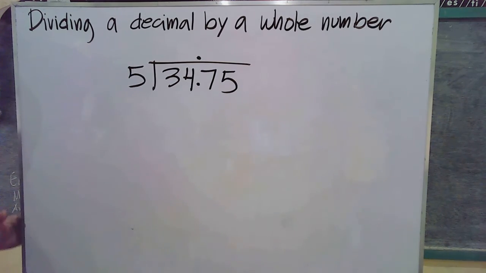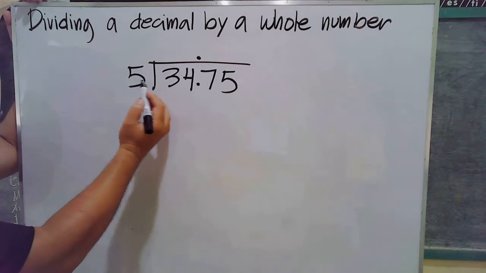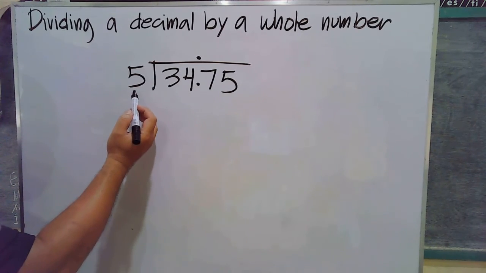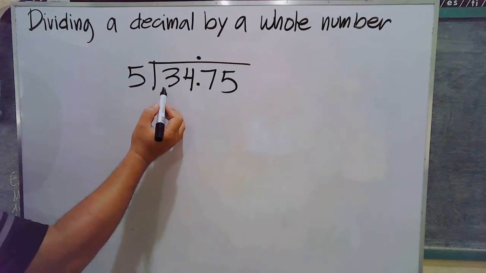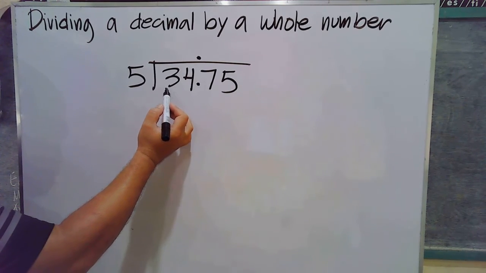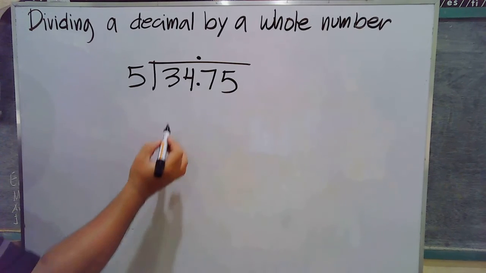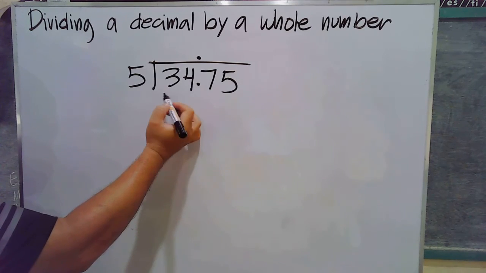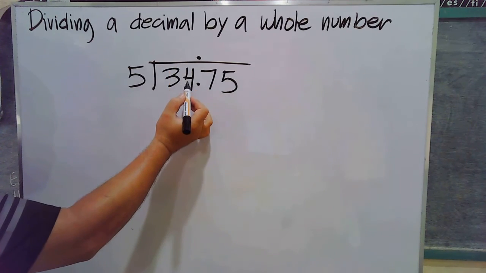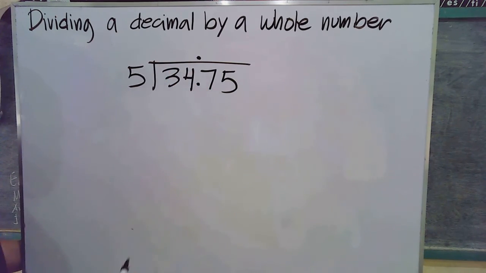So let's start. Now, 3 divided by 5 cannot be, because 5 is greater than 3. So what are we going to do? We're going to add another digit so that we can divide. So we have 34. And our answer must be on top of the second digit because we have added. Okay?